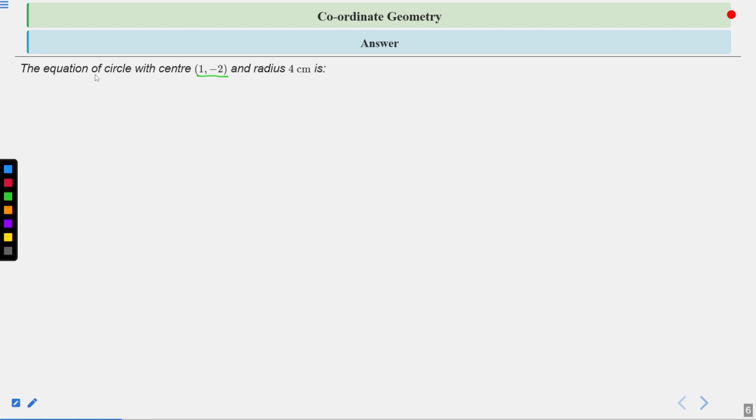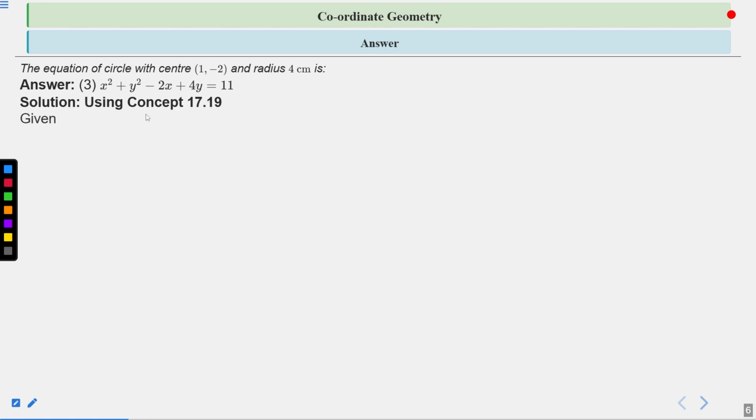We need to make the equation of the circle. So we have the formula for making the equation of the circle. So we just apply it and we get our equation. So the correct answer of this question is third one, which is x square plus y square minus 2x plus 4y equals to 11. Now see the detailed solution using concept 17.19 in this question.